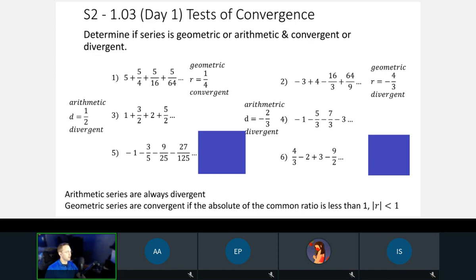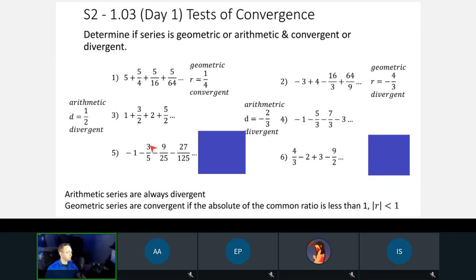All right, number 5. So this bottom left one, number 5. Arithmetic or geometric? Geometric? What's the common ratio then? I think that one's pretty easy to see.